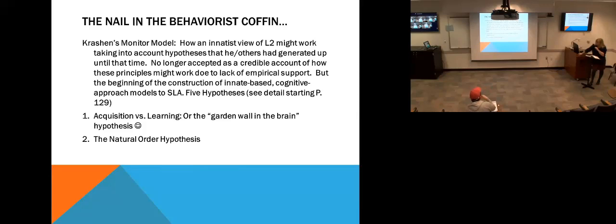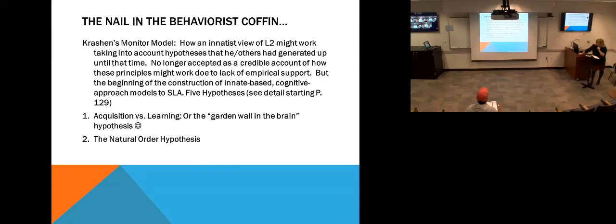But he started in the 1980s and he said, aha, I can turn this into a theory of second language acquisition, right? So I can take all this stuff that other people have put together and I can work it into a principled theory of second language acquisition for children or adults, not bilingual, by creating these 5 hypotheses that make up the monitor model, okay?